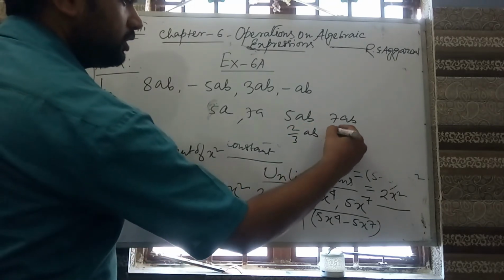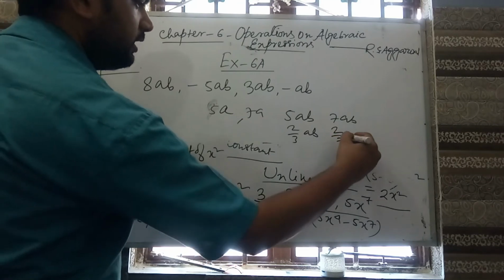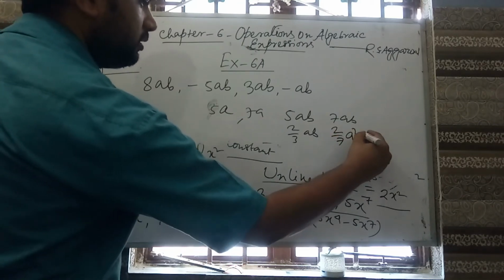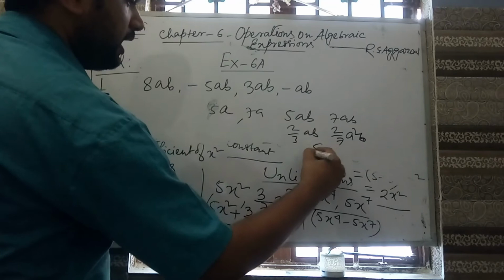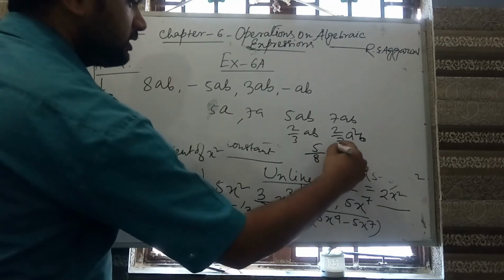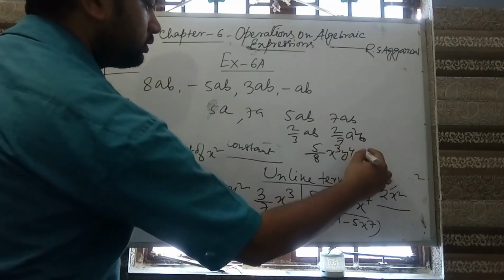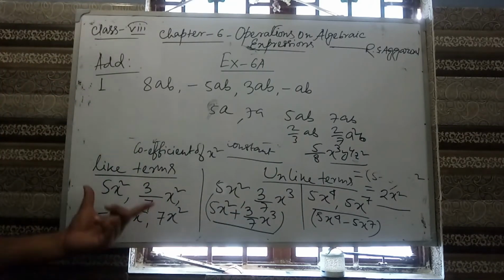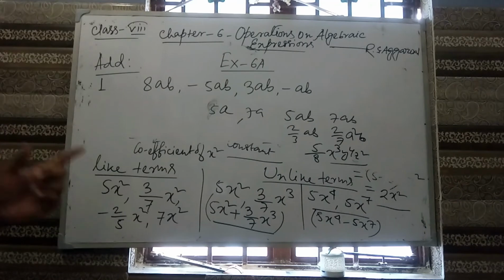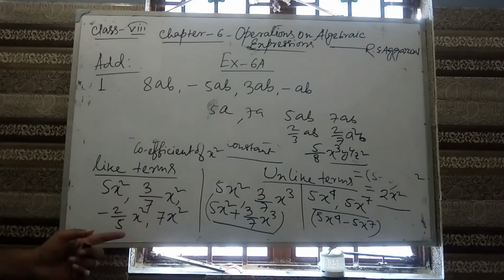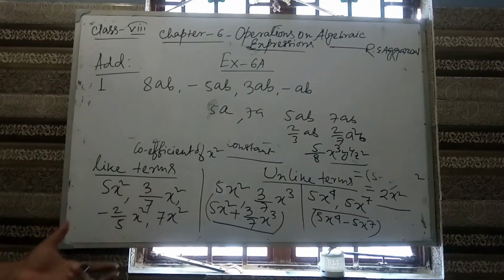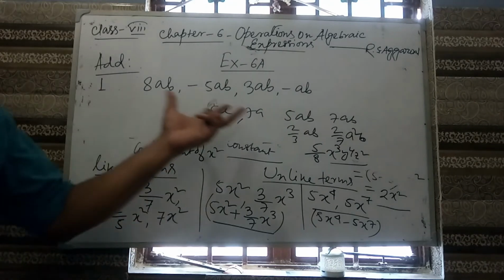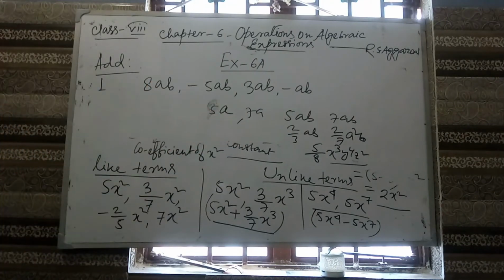Again, 2 by 7 A square B, 5 by 8 x cube y to the power 4 z square, that is also a variable part. Here we have taken only one example with x square so that it would be easier for you to understand. Now as we move on to the exercise, we will face different sums. Their variables will be different.